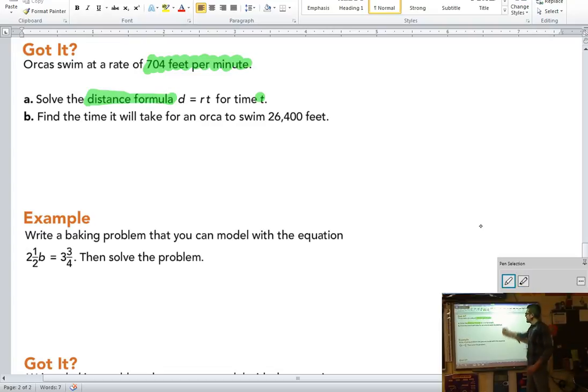So when we set up d equals r times t, why is t not by itself right now? What's with the t? What's multiplying with the t? The r, right? So how do we get rid of it?